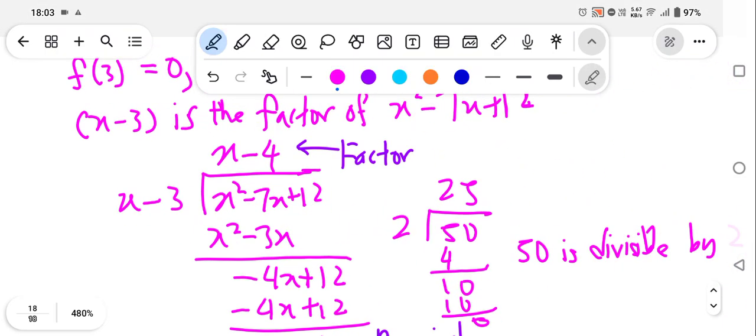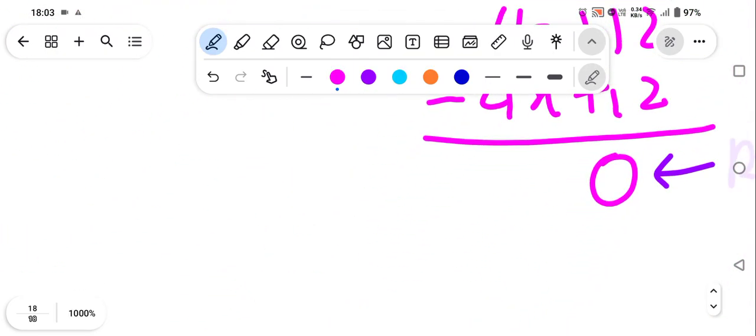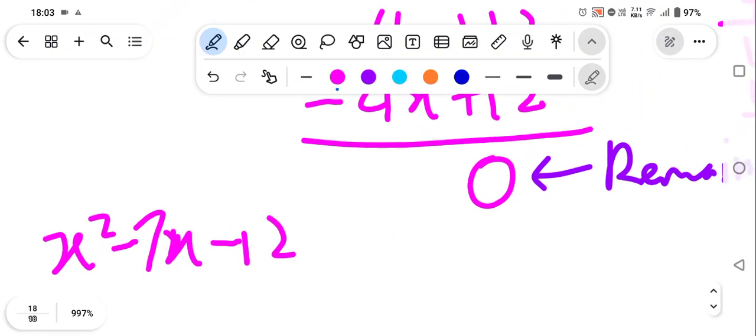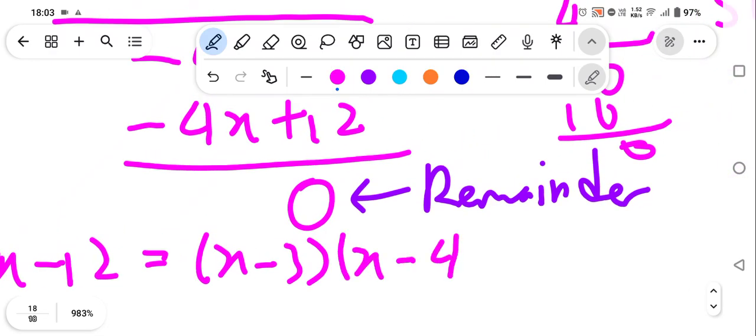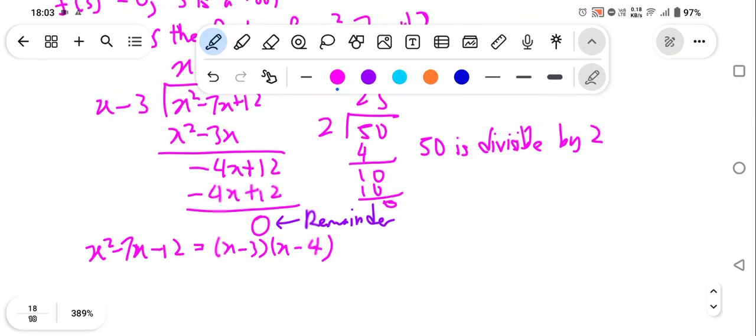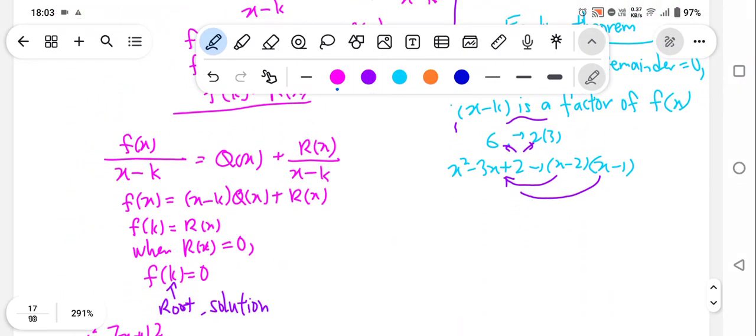And since we know that another factor is x minus 4, therefore we can write that x squared minus 7x plus 12 is equal to x minus 3 times x minus 4. And that's it. So we're going to do a small exercise to see whether we can use the remainder theorem.